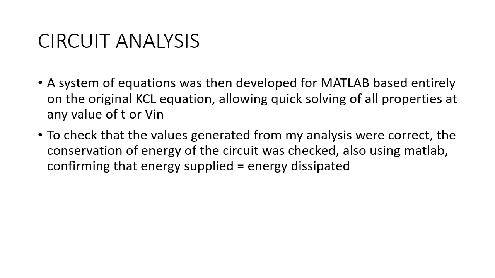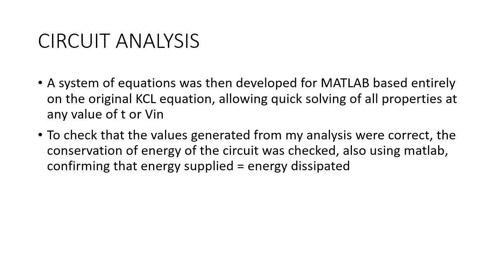So, a system of equations was developed for MATLAB. MATLAB is used in symbolics based on the original KCL equation, allowing for quick solving of all properties at any value of t or Vn. For my purposes, I used t equals 1, Vn equals 3, as I used two AA batteries, and the ideal voltage of those two AA batteries is 3 volts.